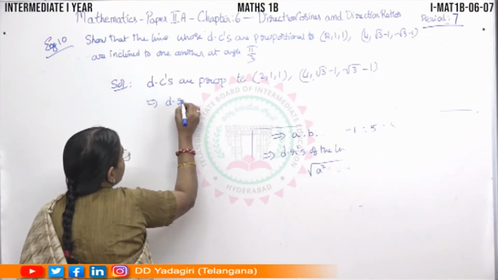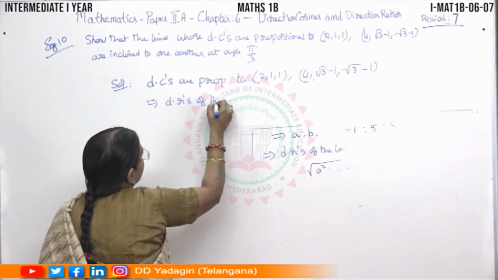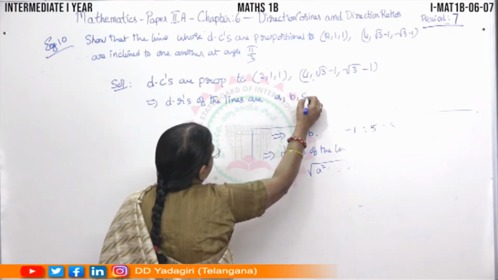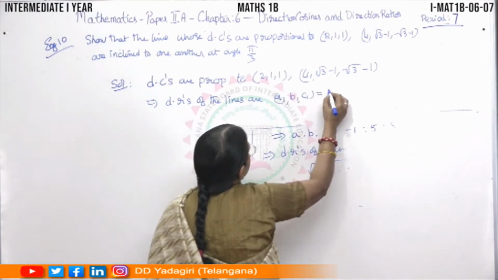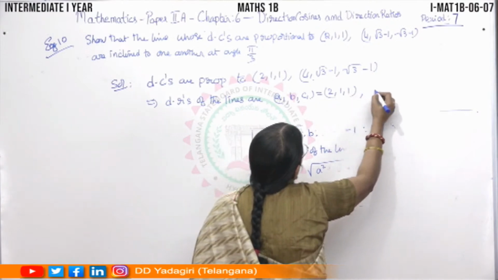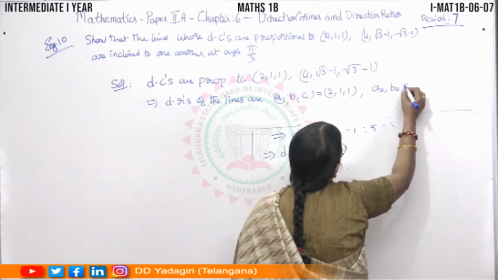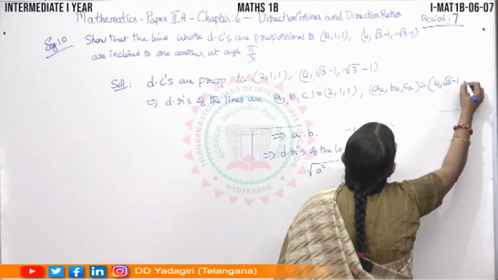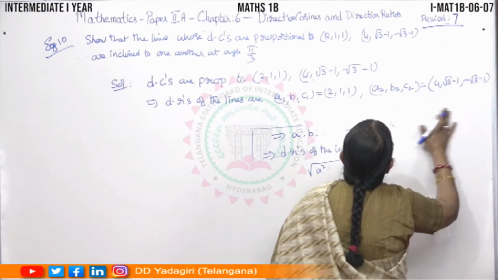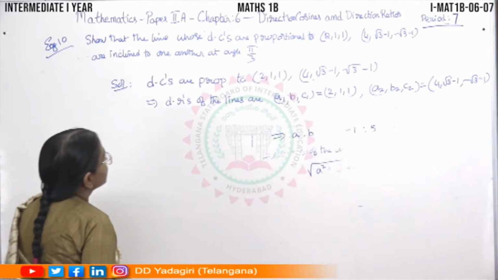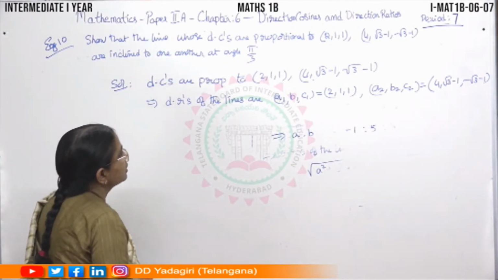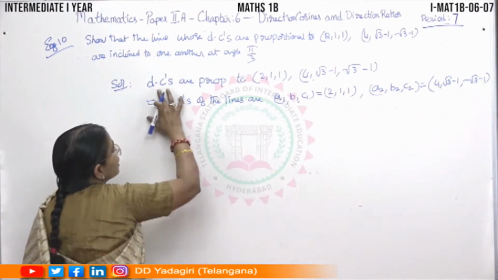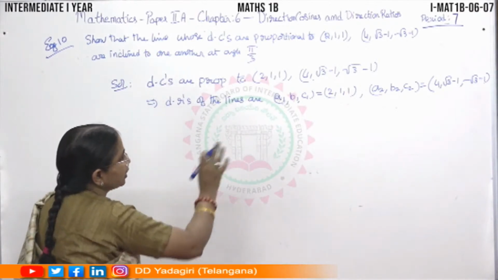It implies the direction ratios. So the direction ratios of the lines are A1, B1, C1, that is 2, 1, 1, and A2, B2, C2, that is 4, root 3 minus 1, minus root 3 minus 1. So direction cosines are proportional means they are the direction ratios.